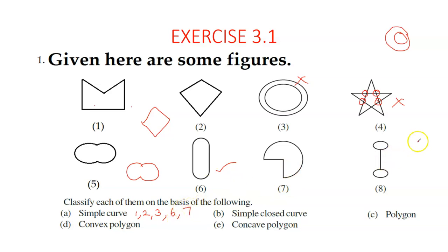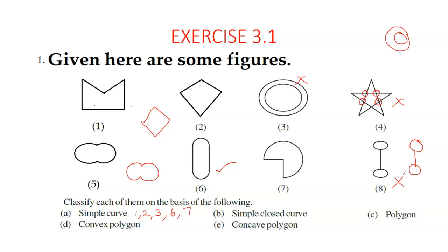And then what about the eighth one? I am drawing like this and leaving this, okay, and again drawing like this and leaving this and again drawing a third structure. So I will be lifting the pen to draw the eighth diagram. So that is also not a simple curve, okay.